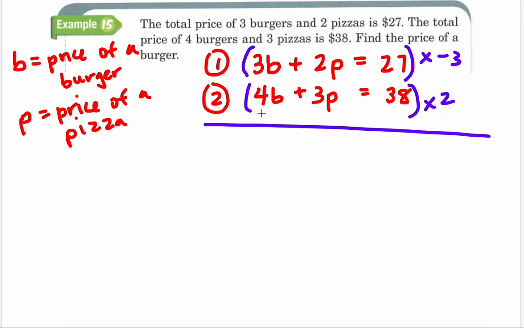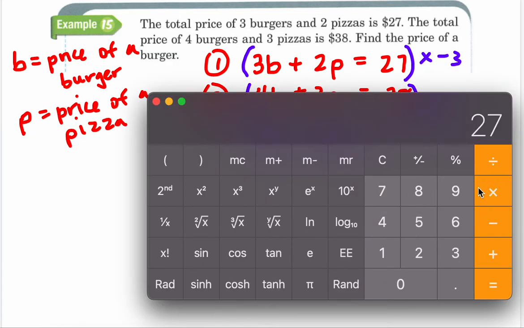All right, let's rewrite them down here. So -3 times +3 is -9b, minus, because it's -3 times 2, minus 6p equals 27 times -3. 27 times 3 is 81.